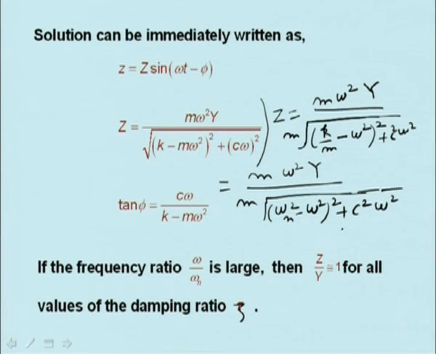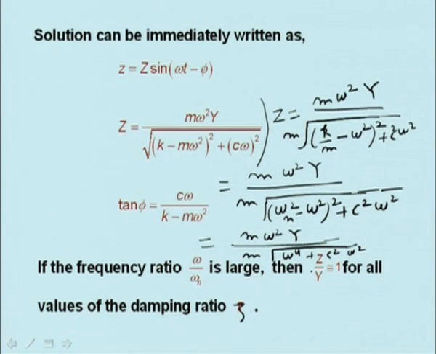Now omega by omega n is large. That means omega n is much smaller in comparison to omega square. Therefore, omega n square minus omega square can be written as omega square only, so this will become omega to the power 4. This becomes m omega square Y divided by m under root omega to the power 4 plus c square omega square.